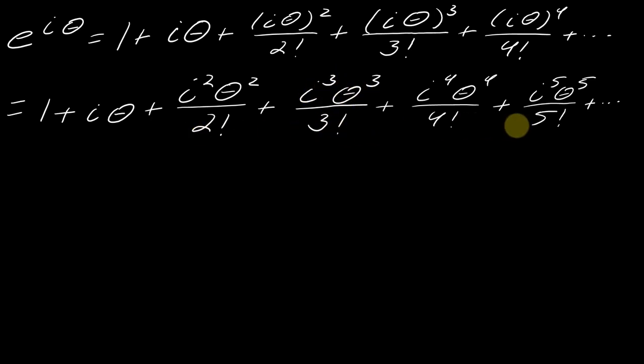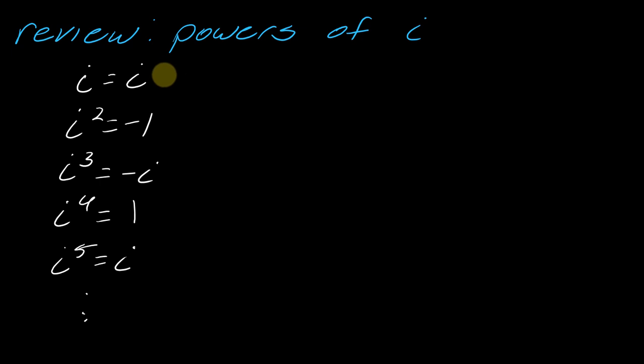But remember, I've got this i squared, i cubed, i to the fourth, i to the fifth. Like we just said, these powers just cycle through i, -1, -i, 1, i, and so on and so forth.